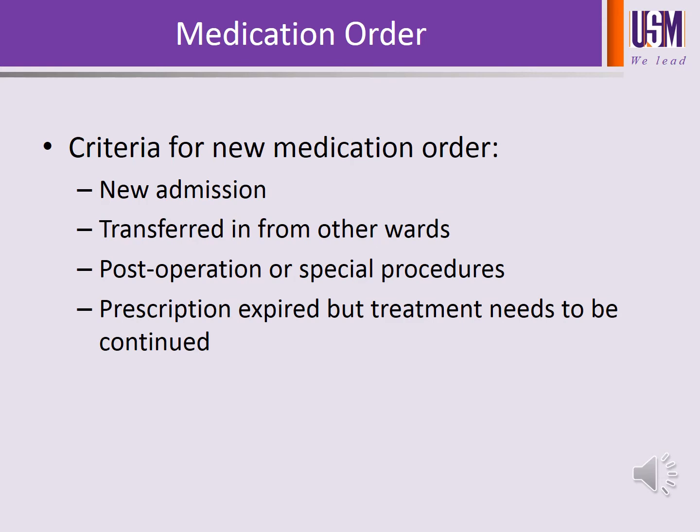I'm going to tell you 2 scenarios of how a prescription can be sent from the ward to the pharmacy department. First is a newly admitted patient. When there is a newly admitted patient, the doctor will write the prescription or the medication order, and then they will send the prescription with the patient's cumulative record to the pharmacy department.